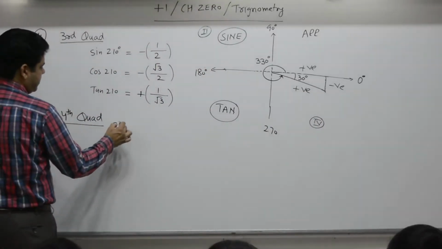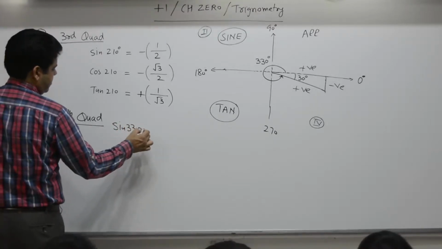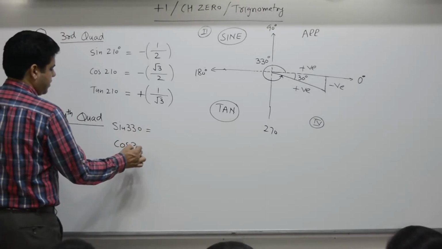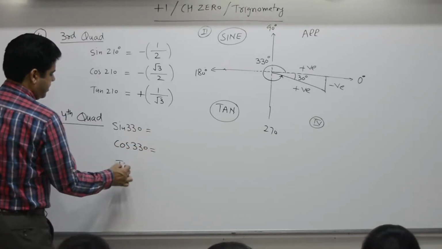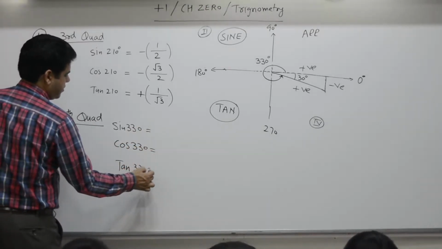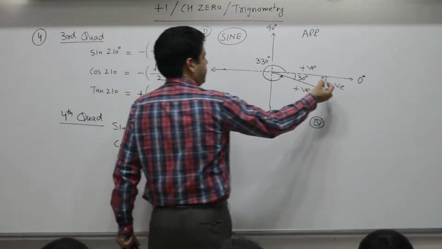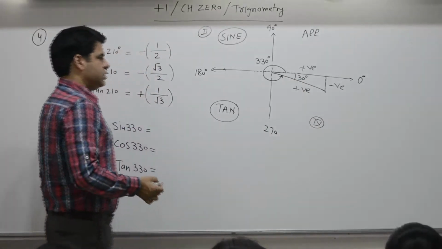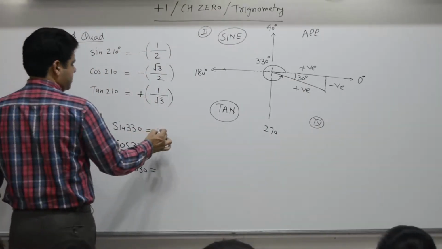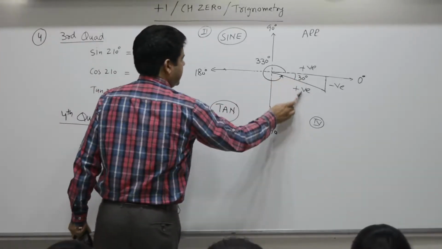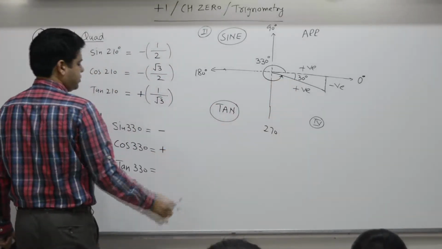Sine 330, cos 330, tangent 330. Sine, perpendicular by hypotenuse, negative. Cos, base by hypotenuse, positive by positive, positive.